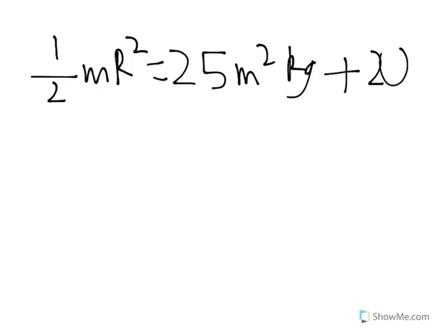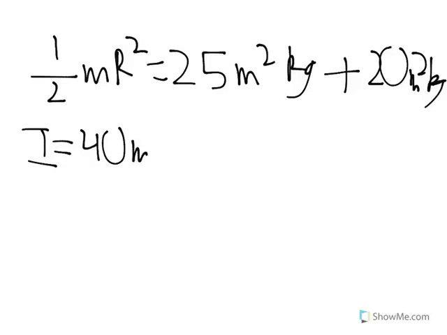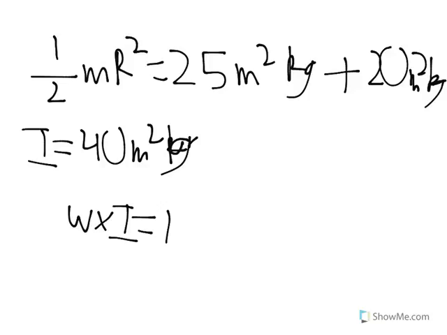So that's another 20 meters squared kilograms. So now the moment of inertia of this is 45 meters squared kilograms. Now we know that the final angular momentum is angular velocity times moment of inertia, and that has to equal the original angular momentum, which equals 25. So we divide through by I.